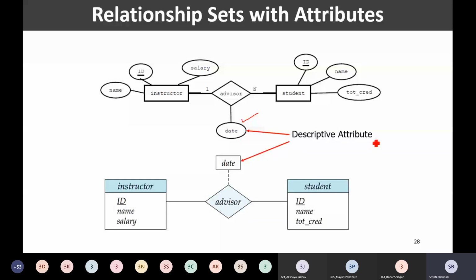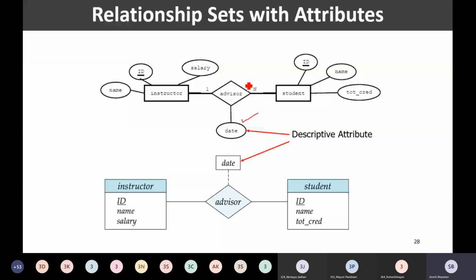So please once again note that this relationship set advisor is having by default two attributes, and these two attributes are actually the primary keys of the participating entity sets. So for this advisor, I am having IID, the primary key of the instructor. Similarly, I am having SID, the primary key of the student entity set.